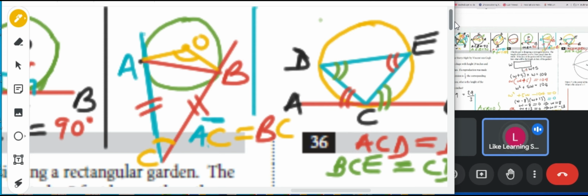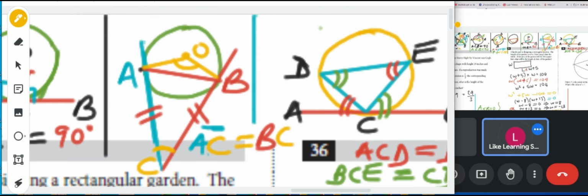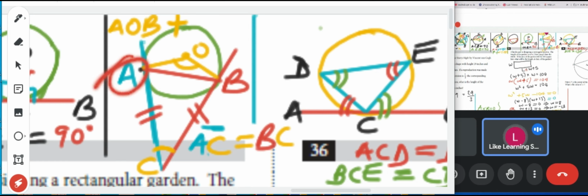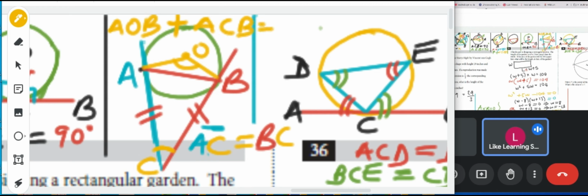Let me write it down here. This one at O, can you see what I'm drawing? That's AOB, isn't it? Yes, sir. AOB plus ACB must give you 180 degrees.